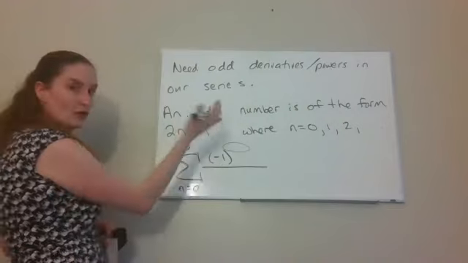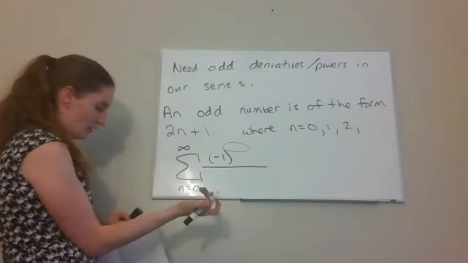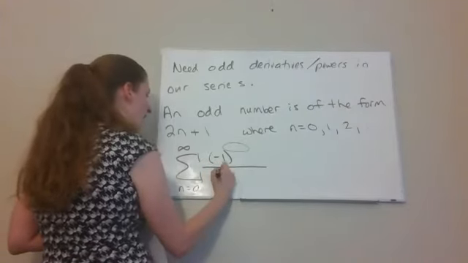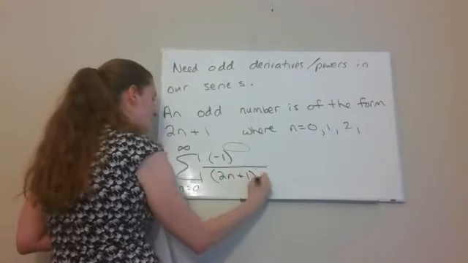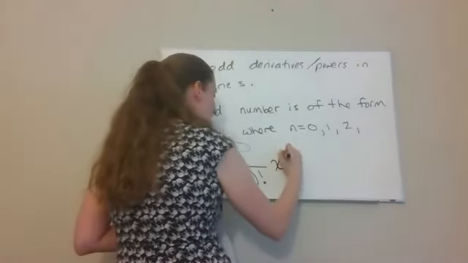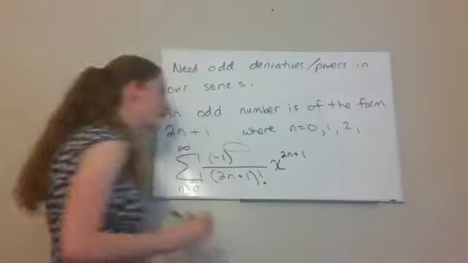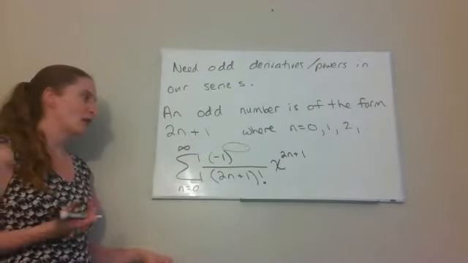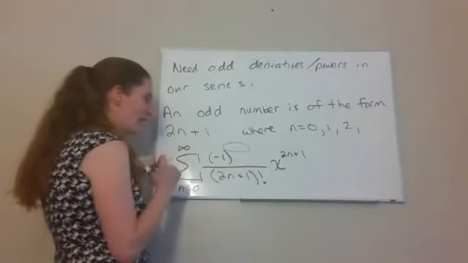But I'm going to have a -1 to a power from my derivative. I'm going to have the factorial in the denominator, but I only need the odds. So it's going to be 2n plus 1 factorial. And then I have my x to the 2n plus 1 power because I only need the odd powers. So I use that 2n plus 1 to indicate that we're just going to get odds there.